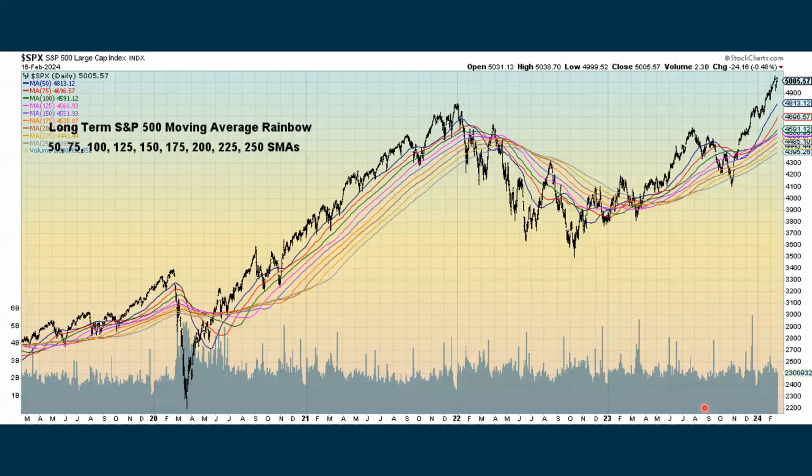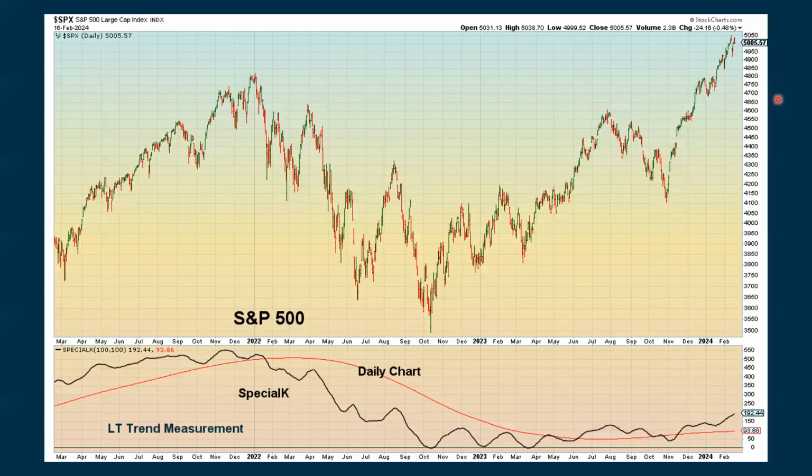A long-term chart, first we have a longer-term rainbow going from 50 periods up to 250 periods. The same basic idea. Price is above all of the lines in the rainbow, and all of the lines are going up, and we're far away from these lines, suggesting the long-term trend is still positive. Then we have a daily special K chart, and I mention it in every daily video, but we don't get a lot of signals from this chart.